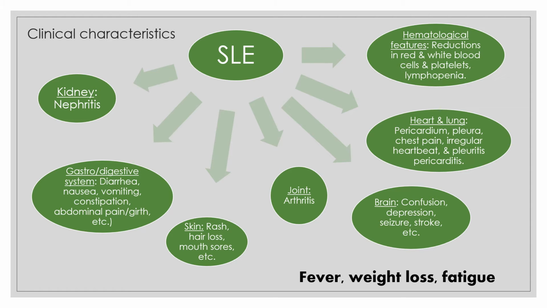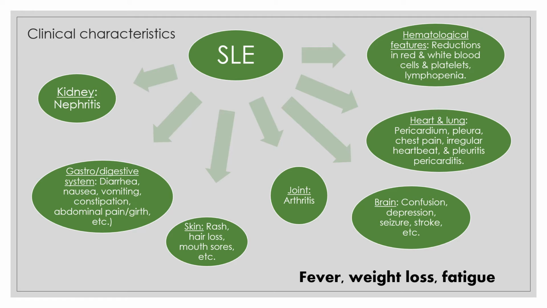And SLE can also be associated with joint-related problems like arthritis. And because SLE affects the brain, it is also associated with our neurologic functioning through symptoms like confusion, depression, seizure, stroke, and so on.